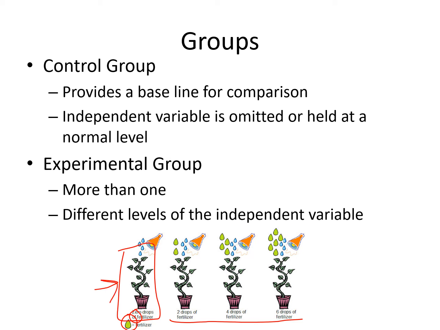Control group, then you have an experimental group that has 2 drops of fertilizer, another one has 4 drops of fertilizer, and the third one has 6 drops of fertilizer. So your control group is giving you the normal baseline, how tall a plant would grow without fertilizer, and then you can compare the growth of these 3 different plants with 3 different amounts of fertilizer.